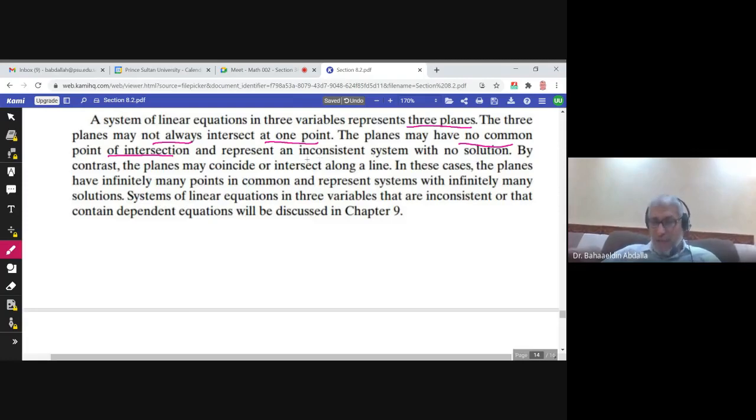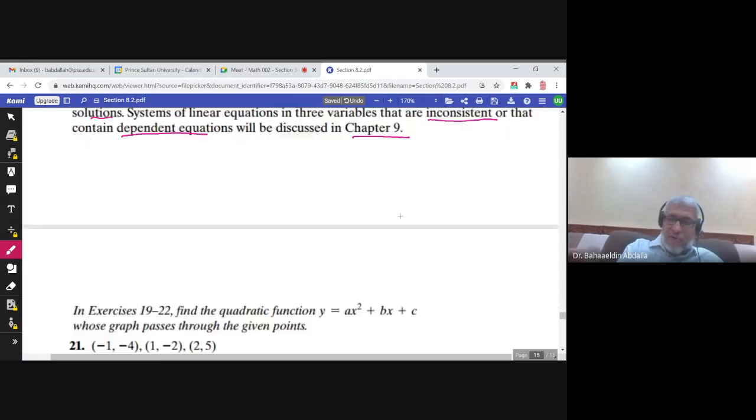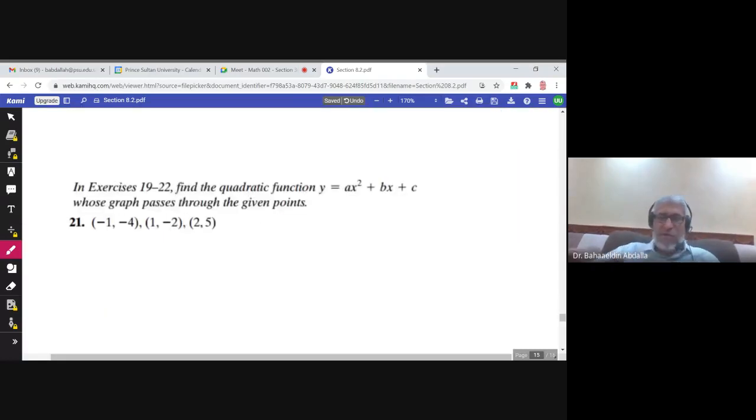So we could have an inconsistent system, with no solutions, or systems with infinitely many solutions. But we will not discuss these systems here. We will study inconsistent and dependent systems in chapter 9. So in 8.2, we will not consider dependent or inconsistent systems.